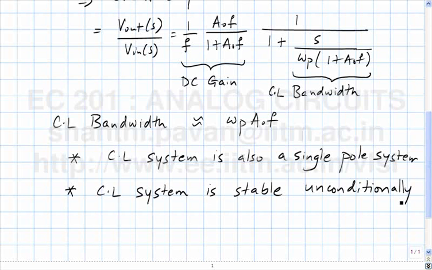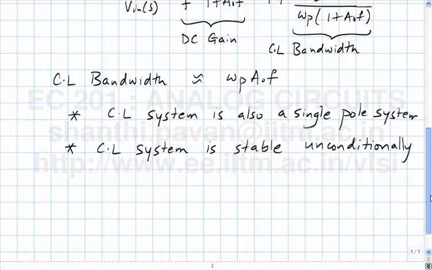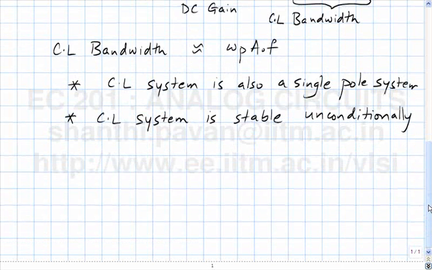When I say unconditionally, it means for all values of A naught. Is that clear? I mean, this is a trivial statement, but as we go along, we'll see that things are not quite as trivial as we get to higher order systems.